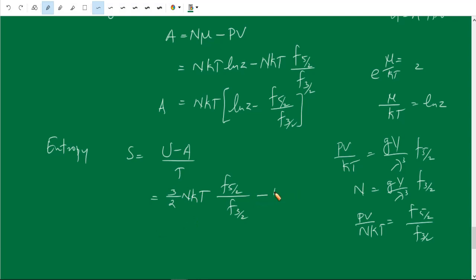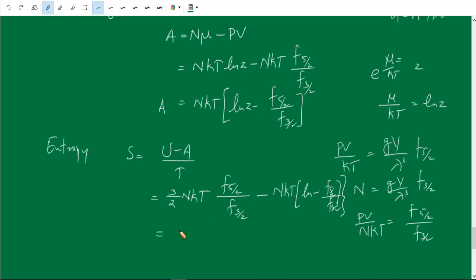A is NkT log z divided by f5 by 2 divided by f3 by 2. Okay, so we can write this thing as 3 by 2 NkT f5 by 2 divided by f3 by 2 minus, here plus NkT f5 by 2, 3 by 2.